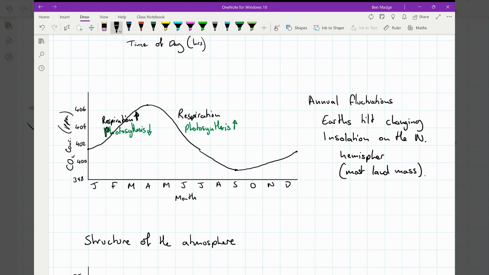And then we find that respiration starts to kick up again a little bit in the autumn as all the leaves fall, and then photosynthesis declines as autumn and winter kicks in. So we can see this dynamic change. If we measure the average CO2 concentration over the entire year though, and over several years, we'll find that it remains relatively stable.